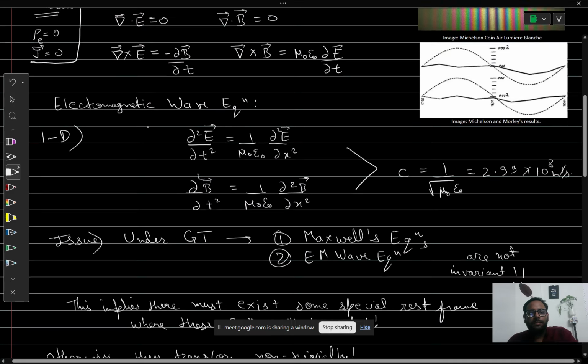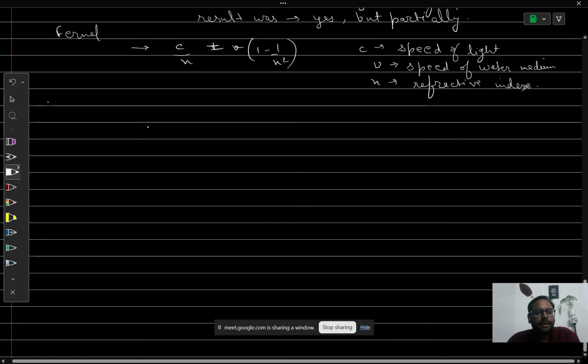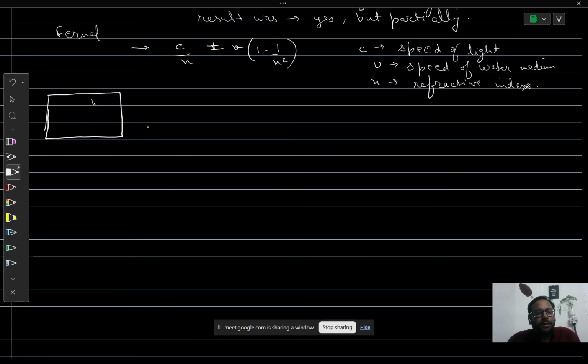Suppose you are in a still medium, like still water that is not moving, but your object is moving. Then in the moving frame, which is at rest for you, you will feel a wind of water or some flow of water towards you.